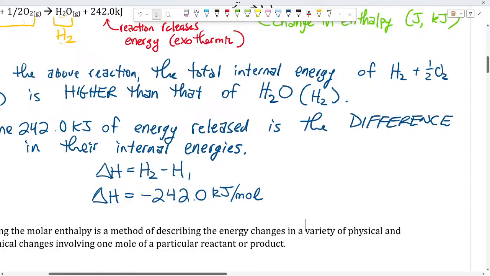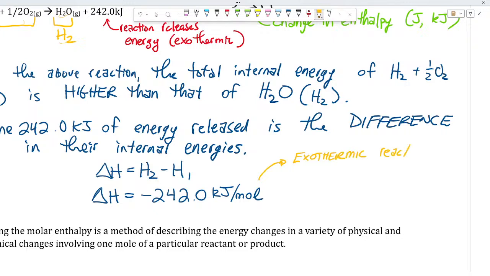Now, noteworthily, we're going to mention the direction here. Exothermic reactions have negative delta H values.